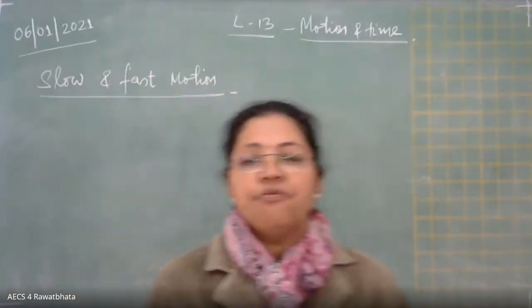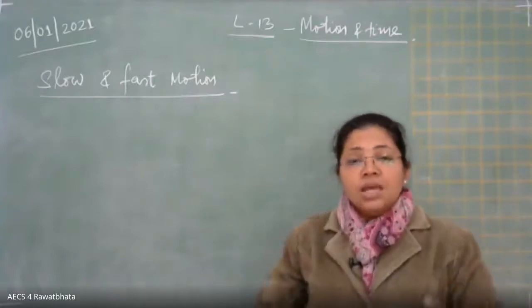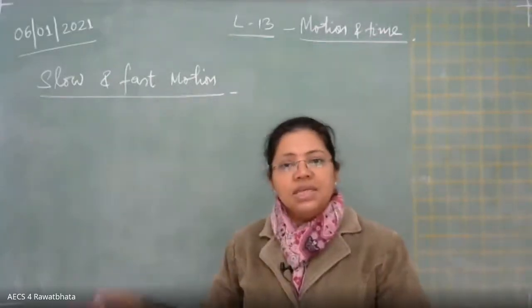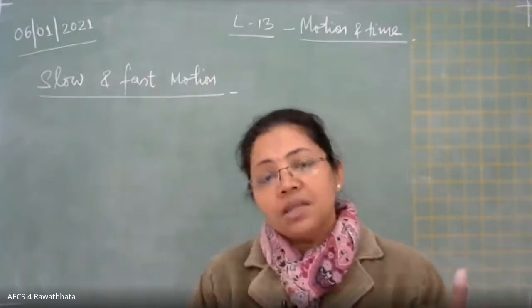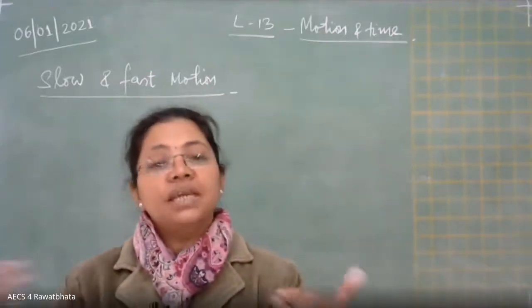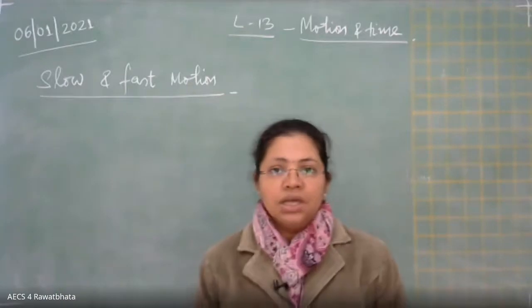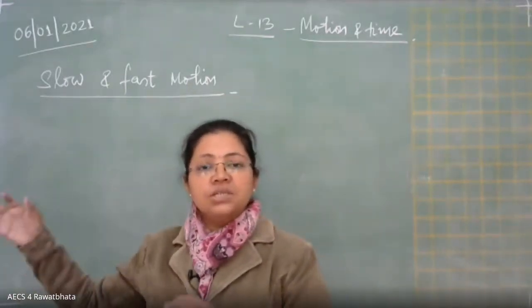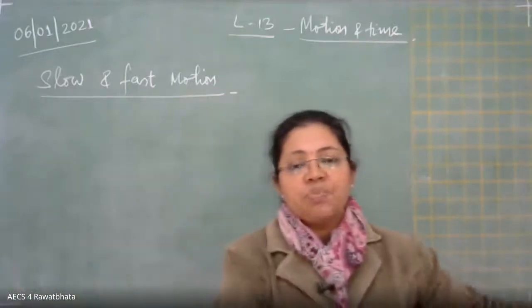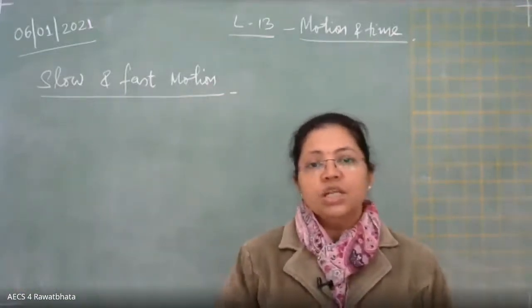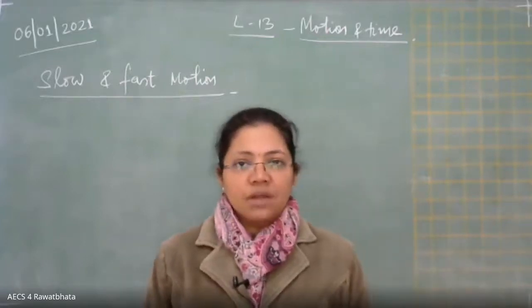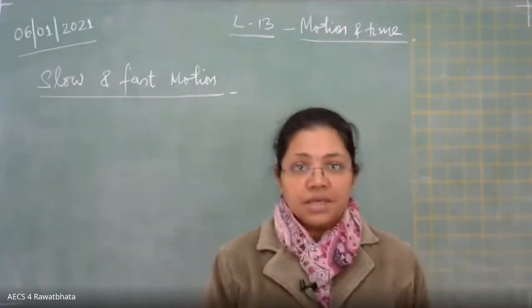Slow and fast motion. Now, these two terms, slow and fast, we use in our day-to-day communication. For example, when you're playing in the garden and you see a car pass by on the road, suddenly you say, oh, just see how fast the person was driving, and how fast the car went, right?